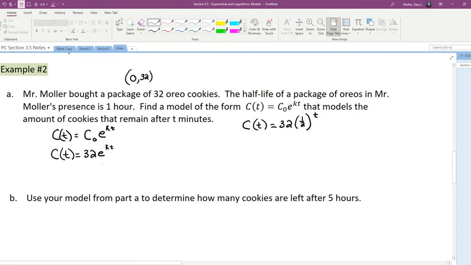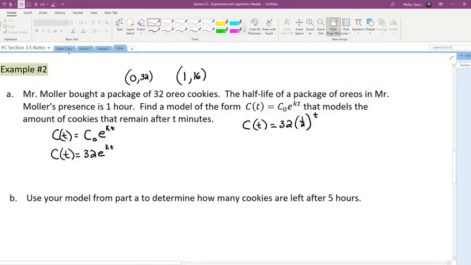And you'll notice we have no other information other than the half-life period. So let's do this. We don't know what's happening after 10. Like there's no second point like there was in the previous question. But there kind of is if we make up our own. Because I also know that at time 1 we have 16 cookies. So let's use that as our second point.